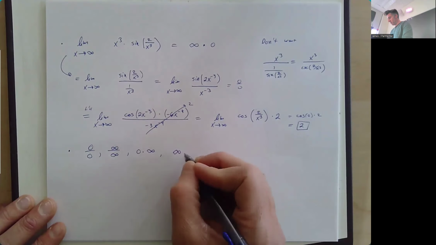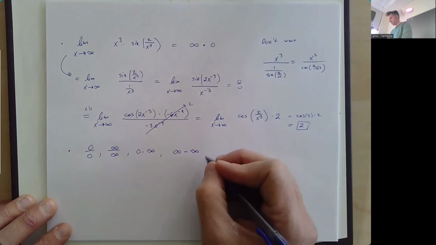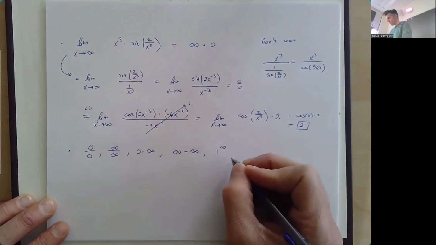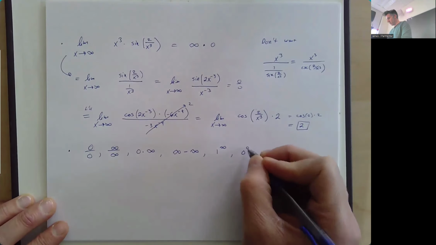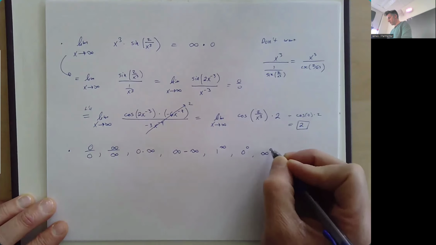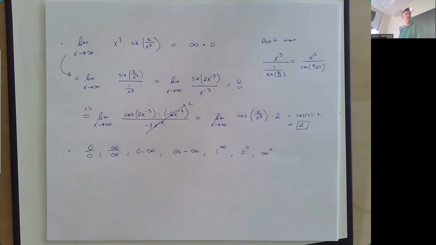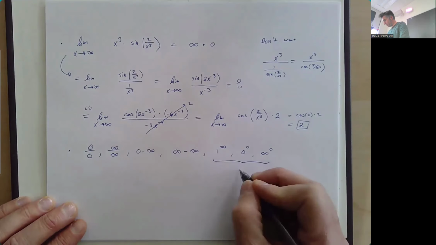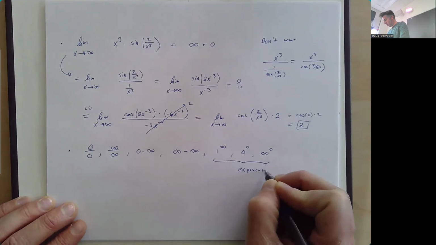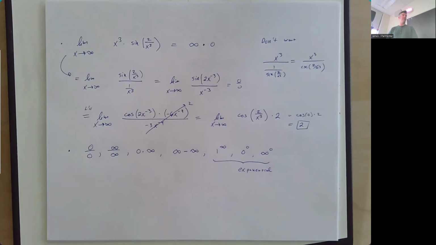So is infinity minus infinity, 1 to the infinity, 0 to the 0, infinity to the 0. 0 to the 0 is not 1 all the time. It's often 1. But again, all of these are forms that can be anything. These ones specifically are the exponential ones. And they almost always require doing something with a natural log, which we'll get to in a minute.